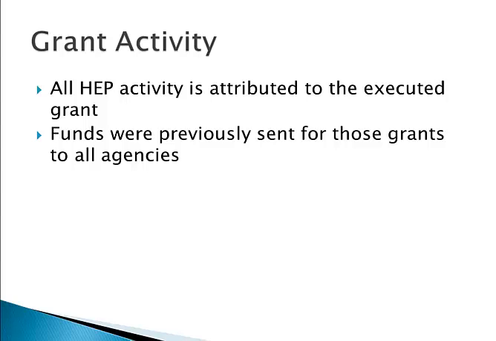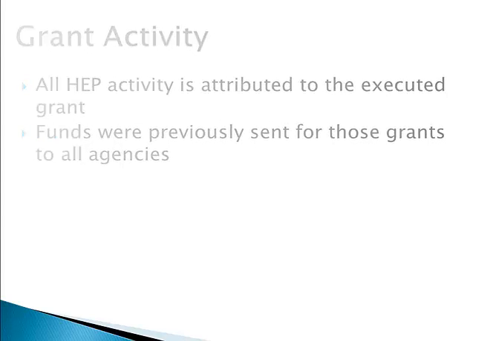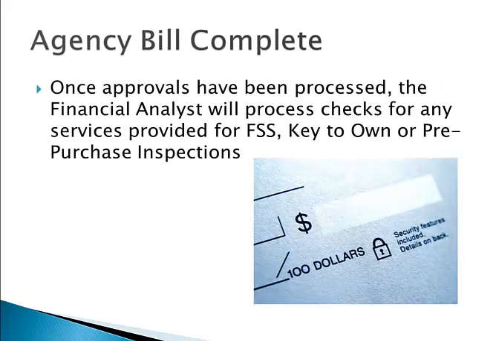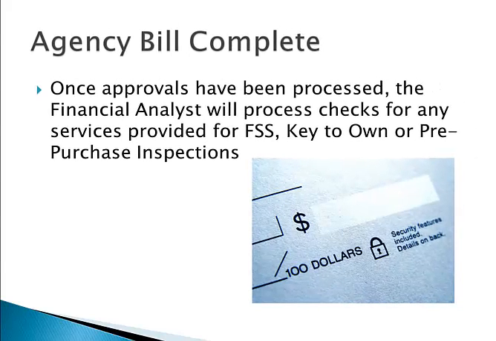The bill is just a record of client activity attributed to the grant. Once all the approvals have been processed, the financial analyst will process checks for any services that were provided, if applicable, for FSS Key to Own or pre-purchase inspections in a separate check.